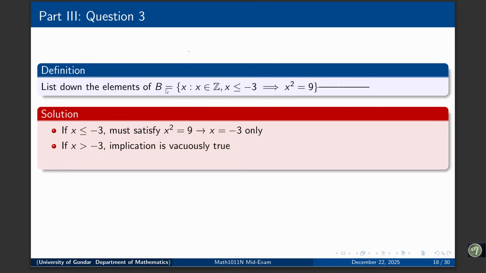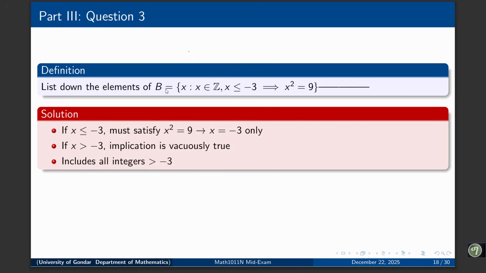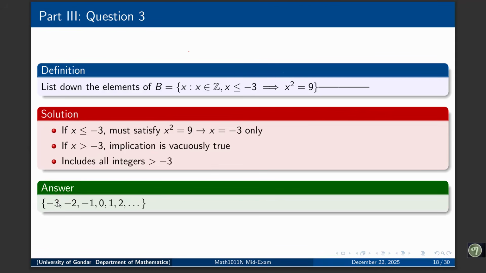Therefore, totally the elements of set B could be the set containing minus 3, minus 2, minus 1, 0, 1, and any real number larger than that. Therefore, this is the set containing the elements of the given set B satisfying the condition x less than or equal to minus 3 implies x squared is equal to 9.